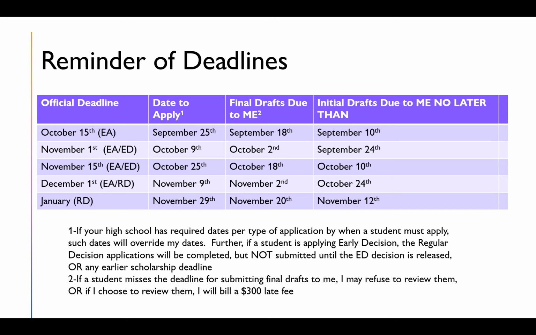That means students are applying no later than September 25th. That means anything that they are working on, they have to get me the initial drafts at least by September 10th and final drafts by September 18th. And you can use those same calculations looking at the chart for every single type of deadline.